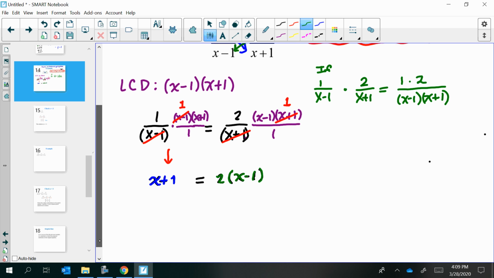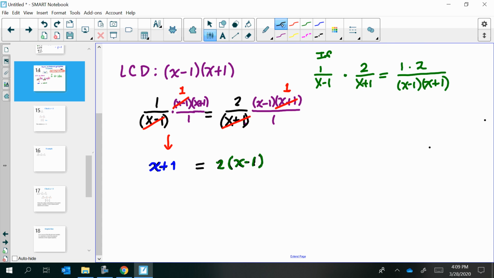Now that we have this, we can continue simplifying and then solve for x. So I'll distribute the 2 on the right, and then consolidate all my variable terms together.